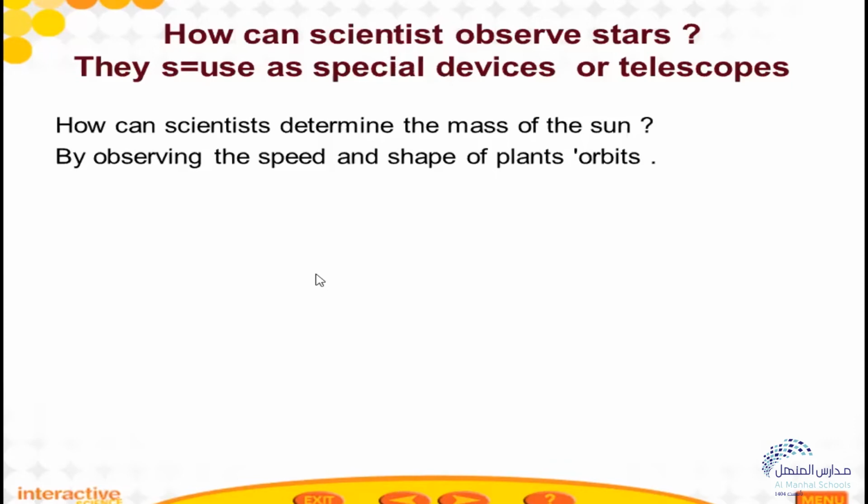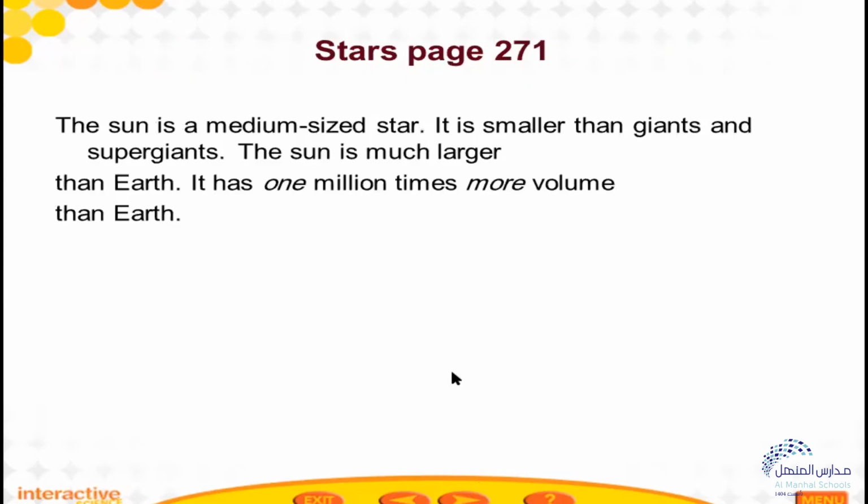We have 8 planets that revolve around the sun. By knowing their speed and the shape of their orbit, which is the path they take when they revolve around the sun, we can estimate the mass of the sun, which is 2 million trillion kilograms. Also, the volume of the sun is 1 million times more than the volume of Earth.